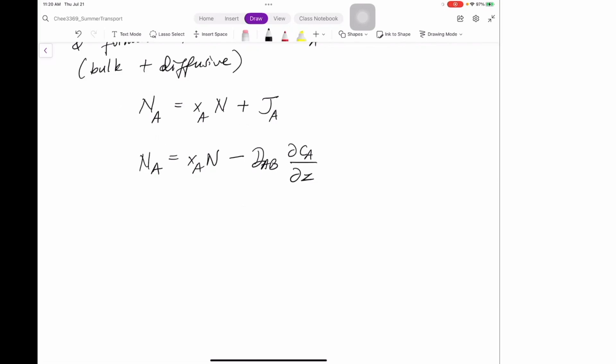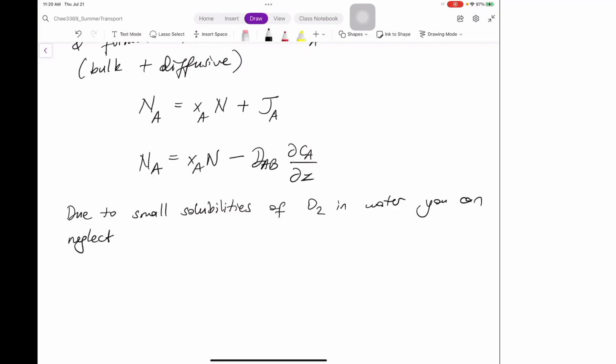And we should actually compare the XAN and DAB del Ca over del Z, and you can immediately think about the low solubility of oxygen, and then you can argue that the bulk term is going to be negligible. So due to small solubilities of oxygen in water, you can neglect the bulk term.